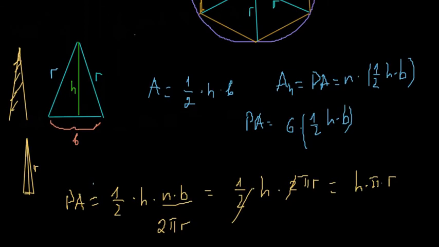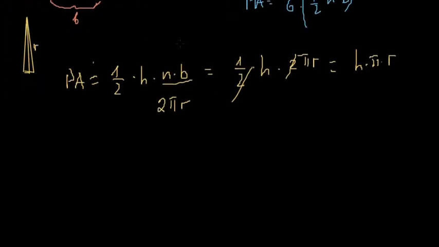So as n goes to infinity, the polygon area is equal to h, which is going to be r. The height approaches radius, radius approaches height.